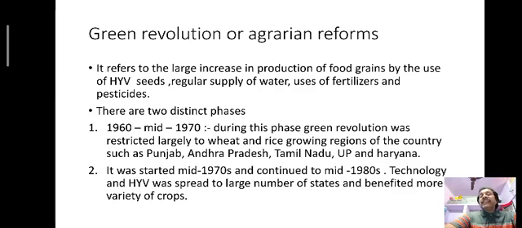The second phase started from the mid 1970s to the mid 1980s. During these 10 years, technology and high yielding variety of seeds spread to a large number of states and benefited more varieties of crops.